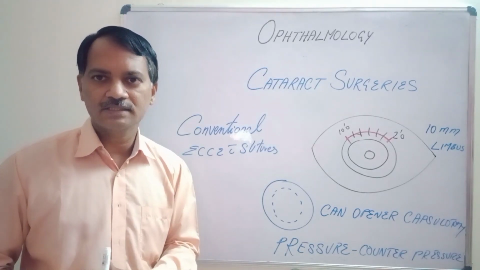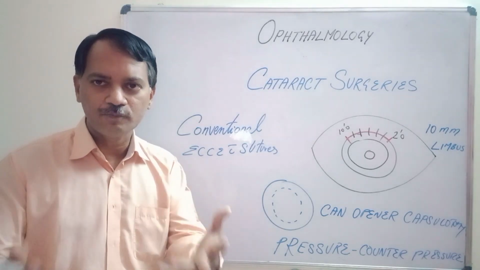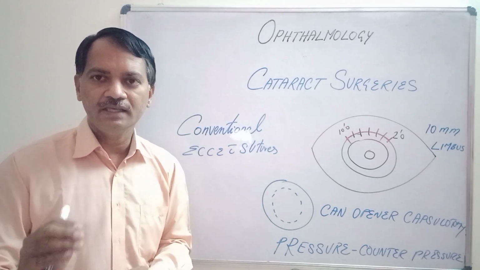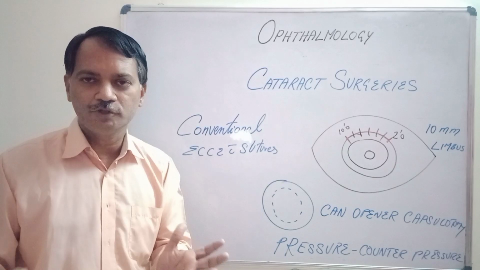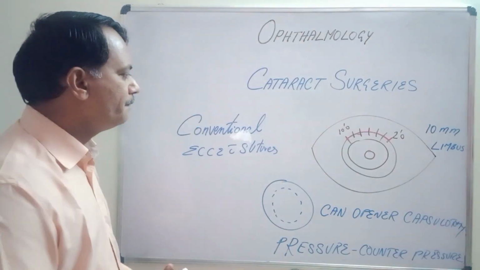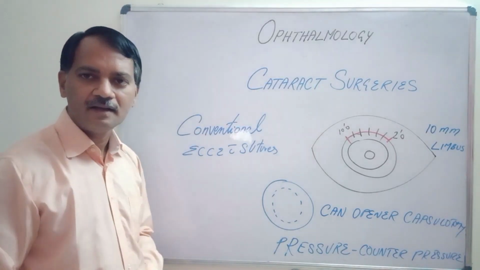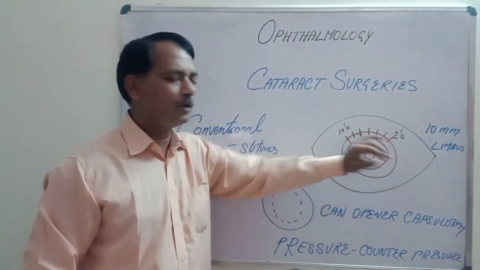That is called as conventional type of cataract surgeries. Once we have removed that cortex and nucleus out of the eye, we remove the remaining cortex that is attached to the capsular bag. Then we implant the intraocular lens into the capsular bag, and after implanting that, we have to suture the wounds.